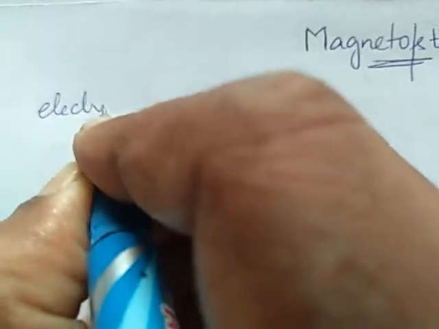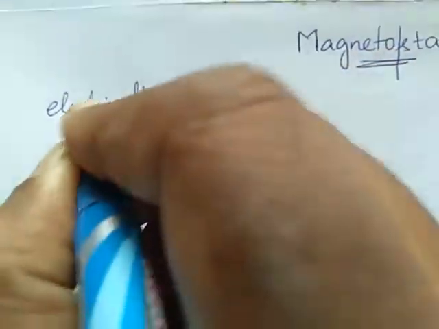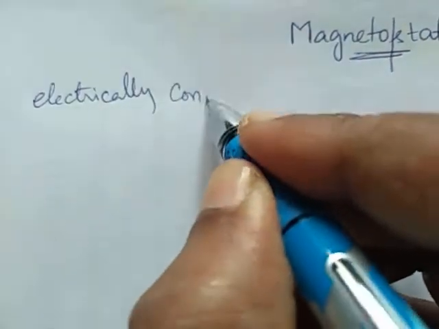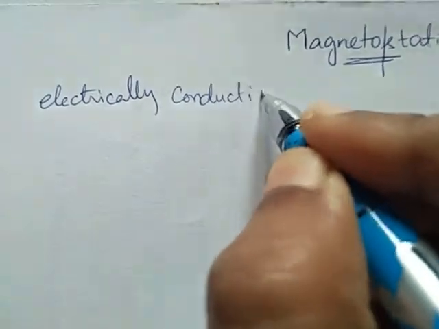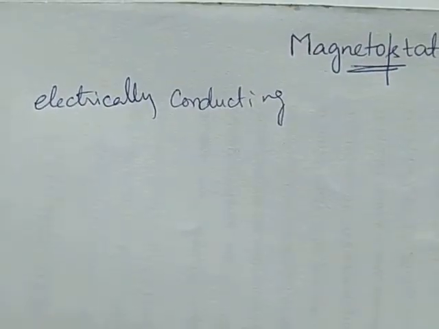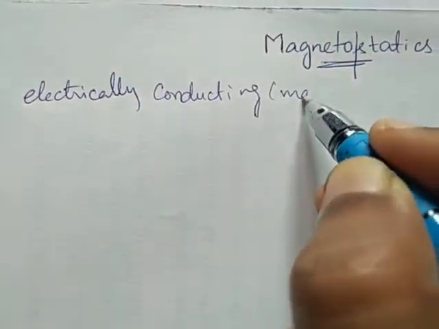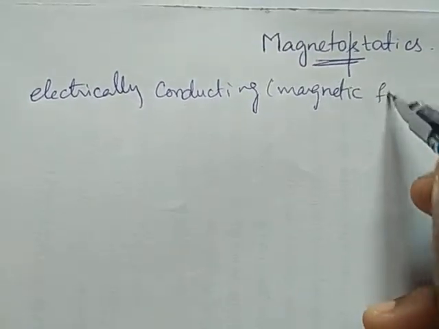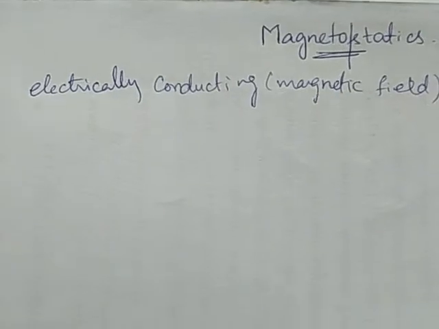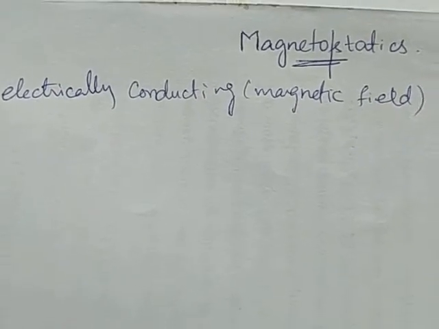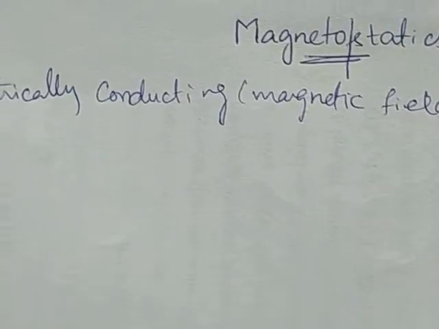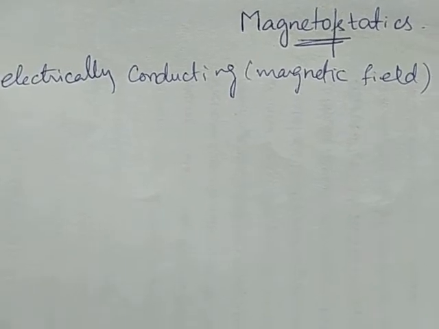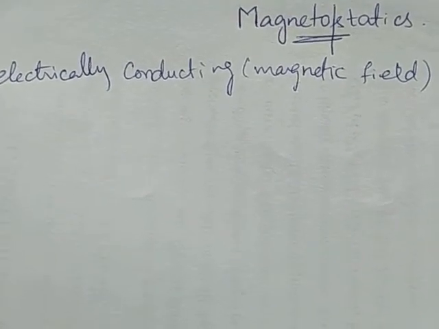The fluid should be electrically conducting, and we also have a magnetic field. So magnetostatics means the study of electrically conducting fluid in the presence of a magnetic field when it is at rest.